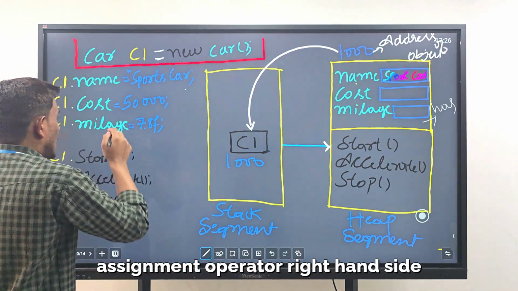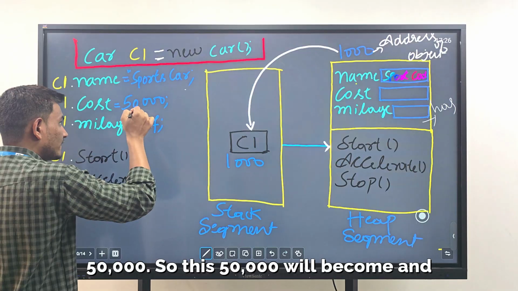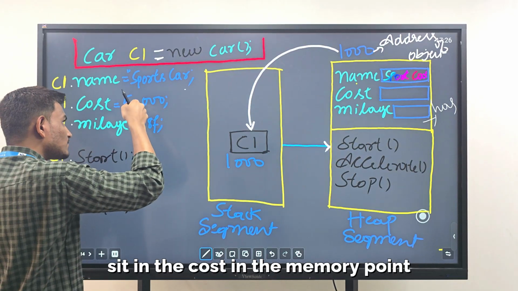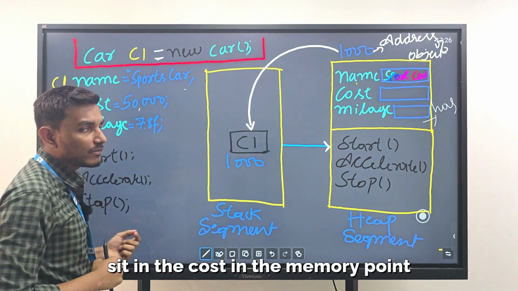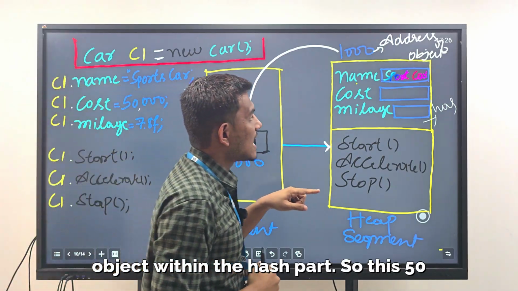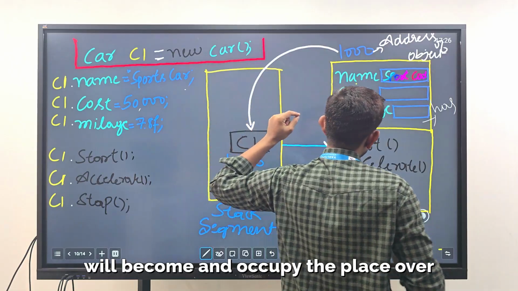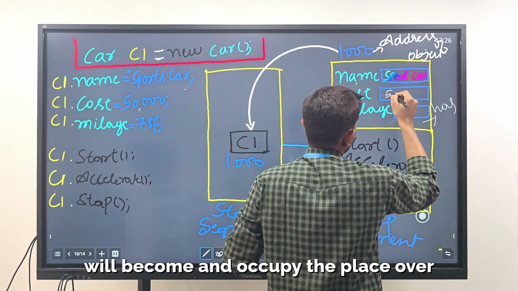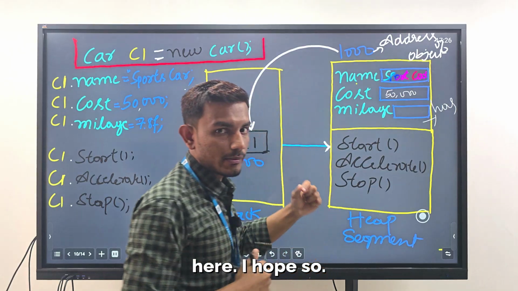Now, guys, assignment operator, right-hand side 50,000. So this 50,000 will come and sit in the cost. In the memory point of view, guys, where is the cost? Object within the hash part. So this 50,000 will occupy the place over here. I hope people are getting the point.